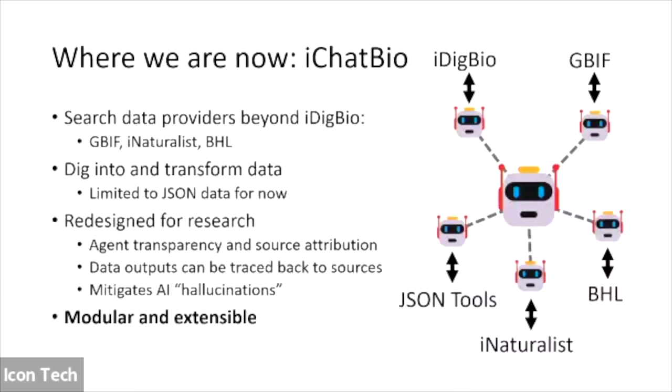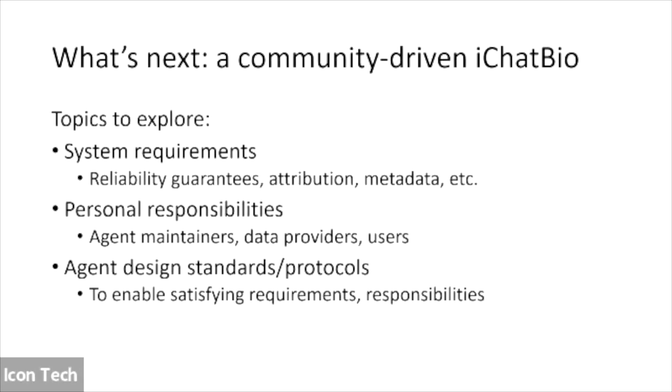So that's why there is an iChatBio instead of ChatGPT with your customized assistants, because we have these extra constraints. And most importantly for this talk, we've redesigned it to be modular and extensible. So the idea is we have these agents, but we should be able to drop in more agents later. And that's where we'll get to the community-driven iChatBio.